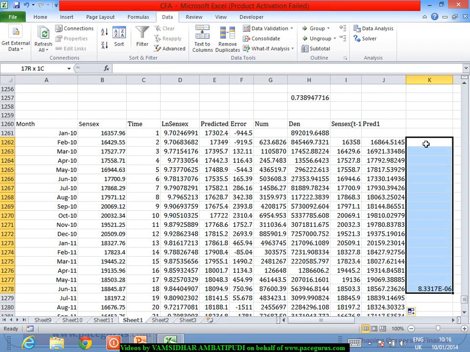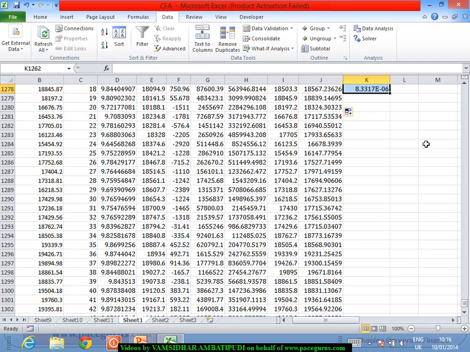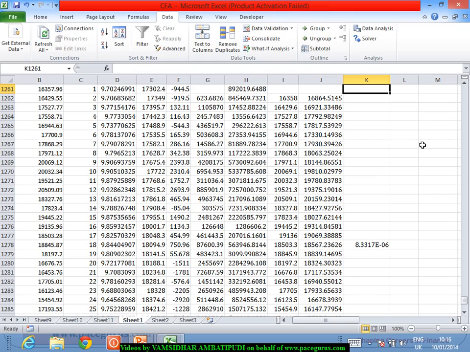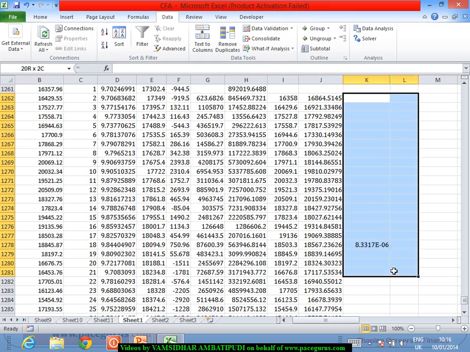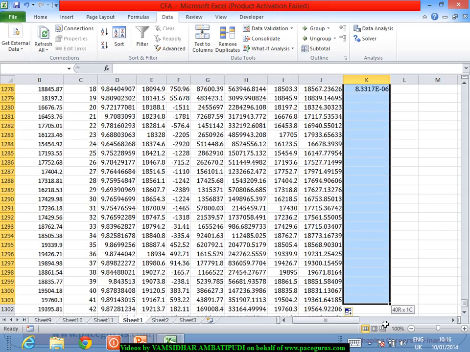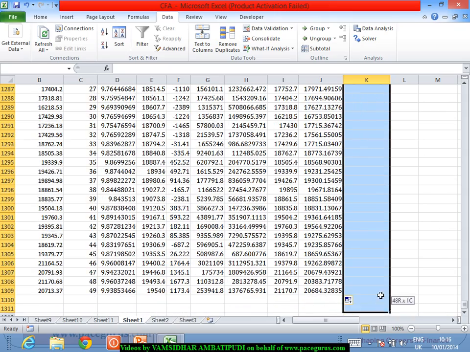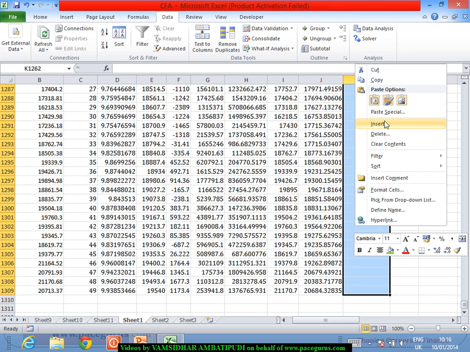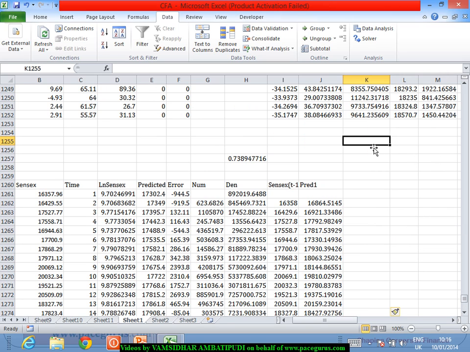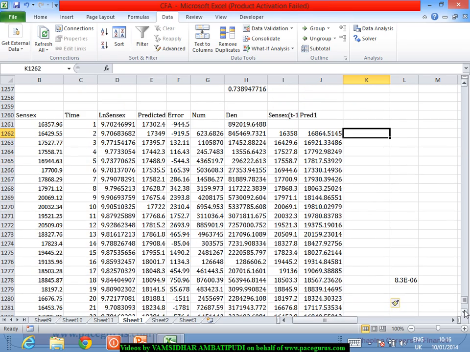So let me go down. Here, when I am looking at the error part, which is the actual value minus the predicted value, this is the error.